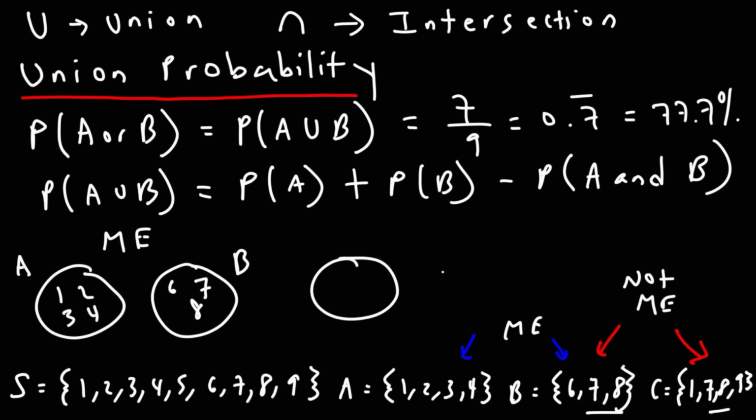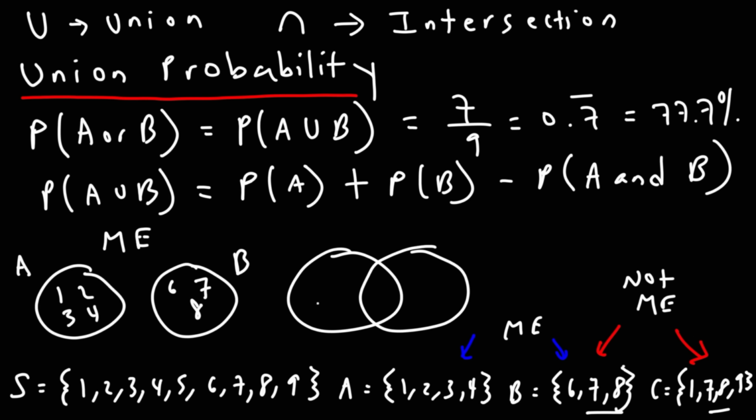Now, for B and C, the situation is different. B has 6 on the outside, and C has 9 on the outside, but on the inside, they share 7 and 8. So B and C are not mutually exclusive because they share element 7 and element 8.